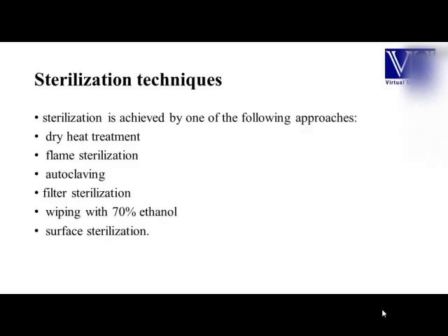Now, sterilization techniques. Sterilization is achieved by one of the following approaches: dry heat treatment, flame sterilization, autoclaving, filter sterilization, wiping with 70% ethanol, and surface sterilization. All these sterilization techniques can be used in plant tissue culture depending upon which type of material you are going to sterilize.